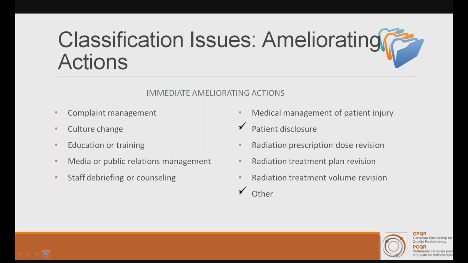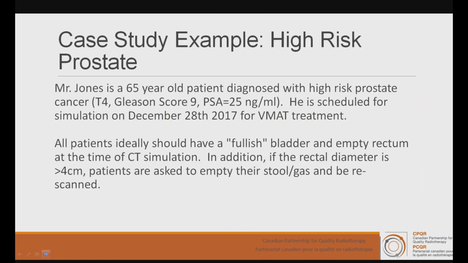Certainly, I would hope that we've disclosed to the patient about an incident, regardless of whatever incident happened. And perhaps we can be more mindful when we're putting things in place after an incident, of considering these items and what we can actually do, regardless of what type of incident we had, to help improve our systems.